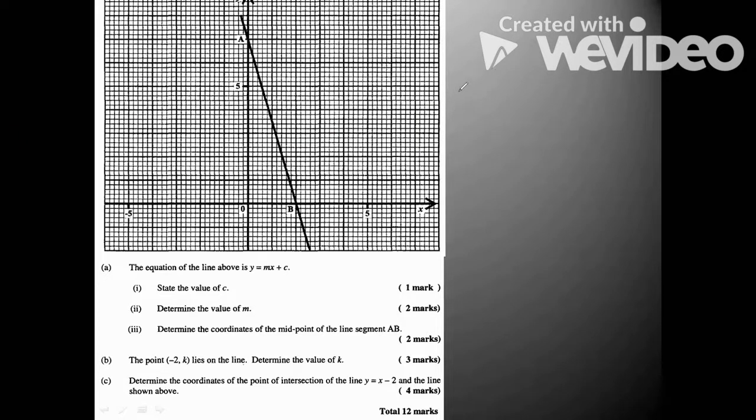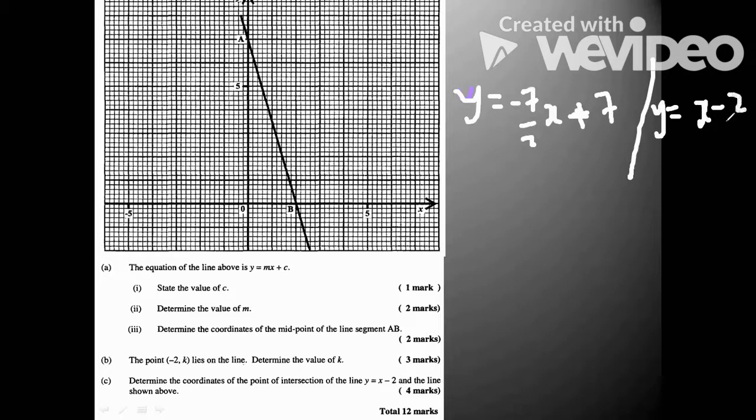We have y equals negative 7 over 2 x plus 7, that's the original line. And we have another line called y equals x subtract 2. If y equals what we have on the right hand side and y equals the other right hand side, the two right hand sides must be equal.